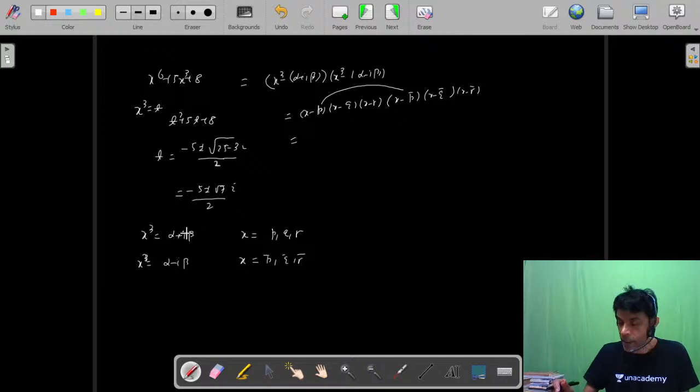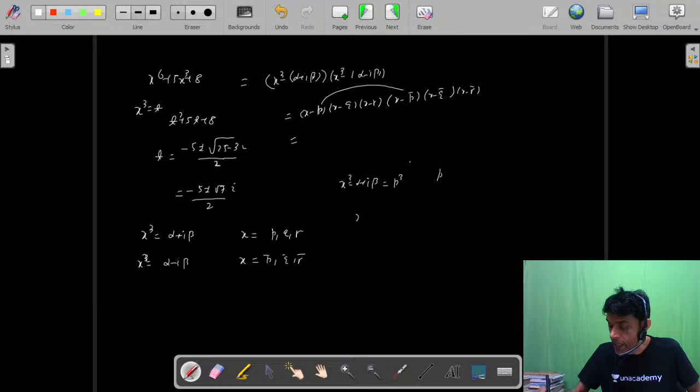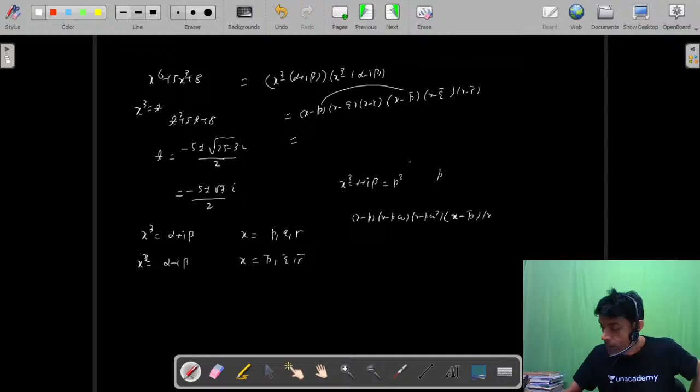So let's say this way, that if one root is p, x cubed equals alpha plus i beta, so p cubed means p is one cube root of alpha plus i beta. So the answer will be (x minus p omega)(x minus p omega squared), right? And the other will be, this is p bar, (x minus p bar omega)(x minus p bar omega squared), right? This kind of thing.